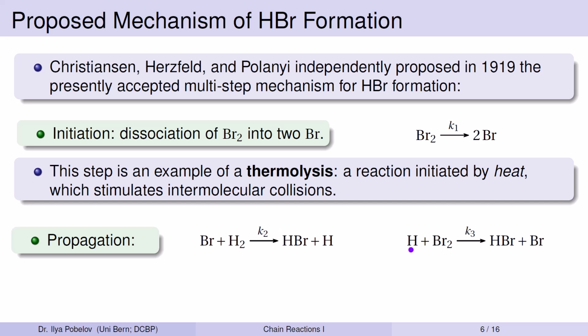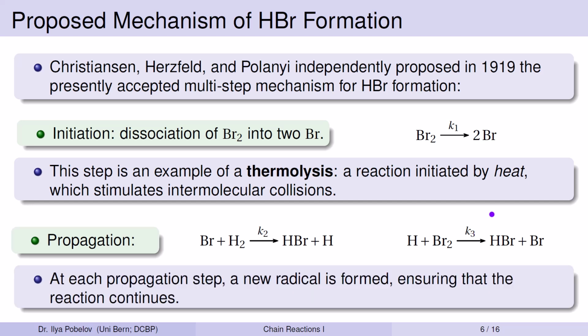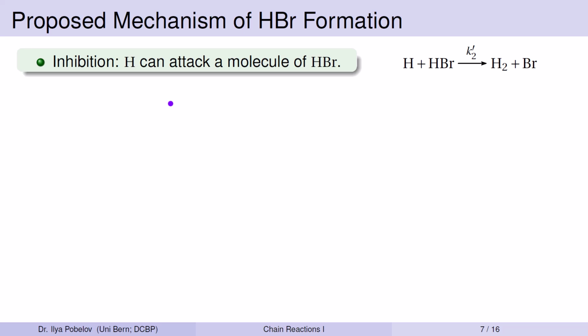The newly formed hydrogen radical reacts with another bromine molecule, producing another hydrogen bromide molecule and regenerating a bromine radical, thus sustaining the reaction chain. This step is assigned the rate constant k3. At each propagation step, a new radical is formed, ensuring that the reaction continues.